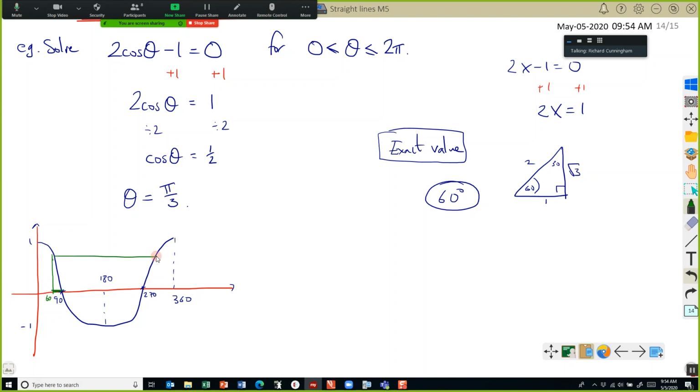What other value gives me that? These diagrams, let me draw this better. That's a mess.